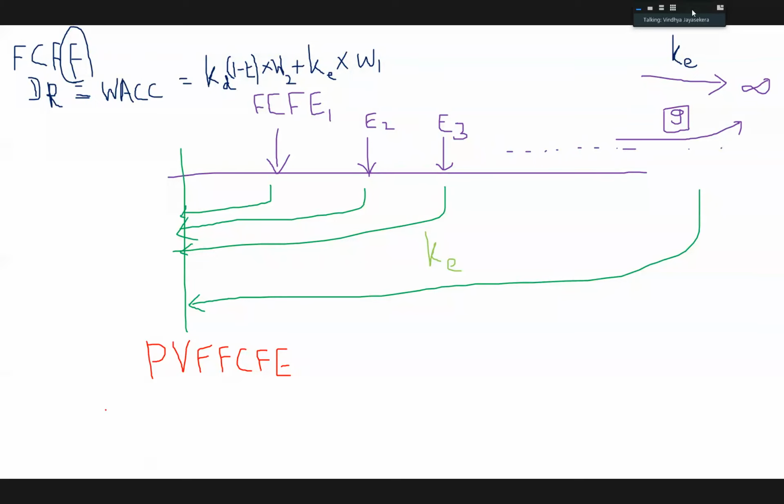I haven't taken the current cash into consideration. So this is the value of equity of the company. If there is any current cash, that's also something I can use to pay out our equity holders, right? So this is the value of what we call equity.